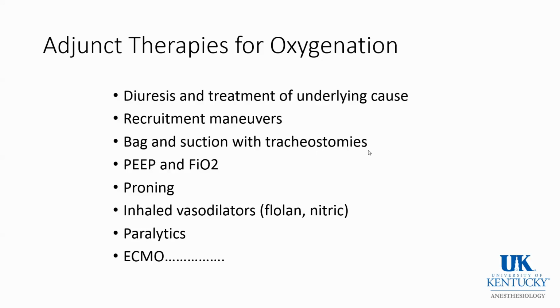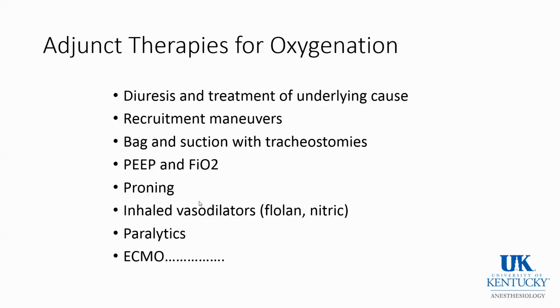But generally, you end up with more shunt because you're going to get atelectasis. You don't have this intrinsic PEEP. So bag and suction every once in a while with tracheostomies is helpful. Using a Passy-Muir valve, something that directs flow out through the mouth during exhalation, that also reduces the shunt fraction there. Adding PEEP, increasing FiO2, helps obviously with oxygenation.